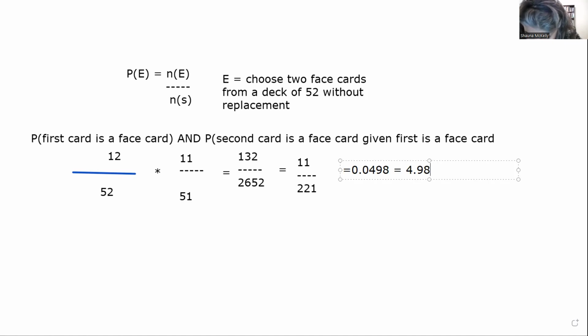And that's one way to get my answer for this question. That's if you use, these are dependent events because the probabilities are different. Now, another way to do this is to use combinations, okay?